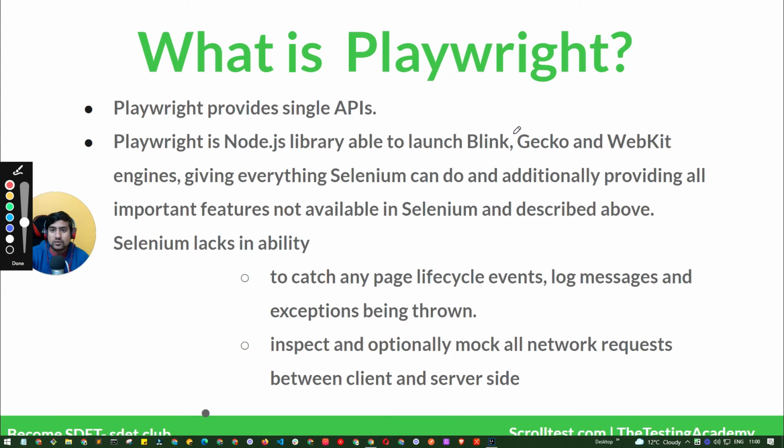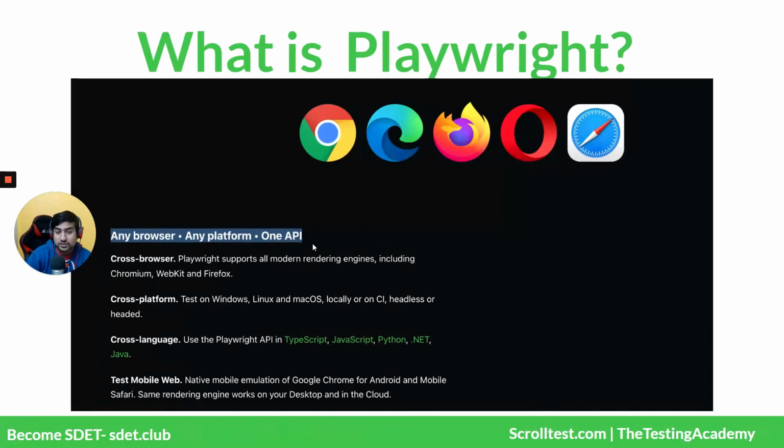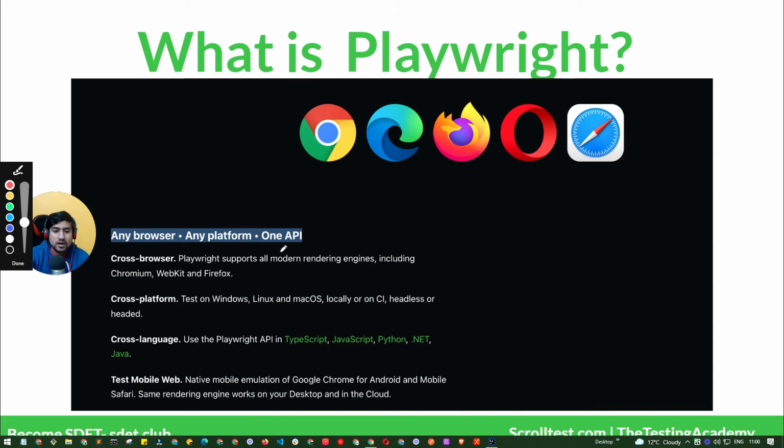Okay, cool, makes sense. It's a great step, a really great tool. It's open source and maintained by Microsoft, so it will go very far, according to me. Since it works on the Blink rendering engine, Chrome and Edge are supported, Gecko and Firefox are supported, and even Opera, which uses Blink, is supported.